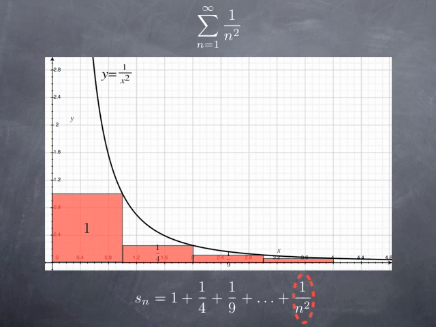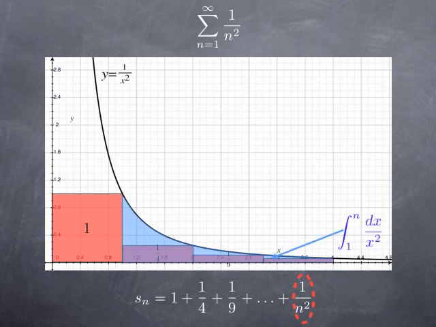And you see that we get this red area that we could compare not exactly to the integral of the function from 1 to n, but something similar, because this blue area here is the area under the graph of the function on the interval from 1 to n.